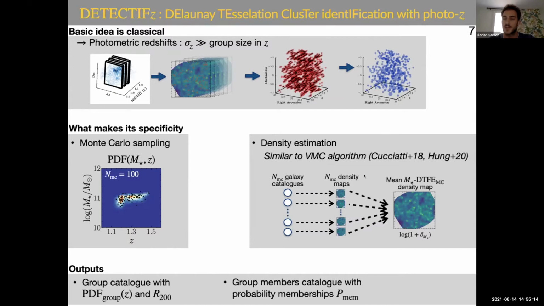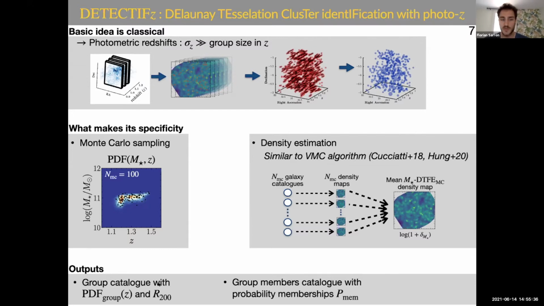For each realization, the density map is made with DElaunay tessellation field estimation, weighted by stellar mass. So in the end, we have the mean density map here. It's similar to the Voronoi Monte Carlo algorithm by Cucciati et al. and Ng et al., but we add information about stellar mass in a probabilistic way.